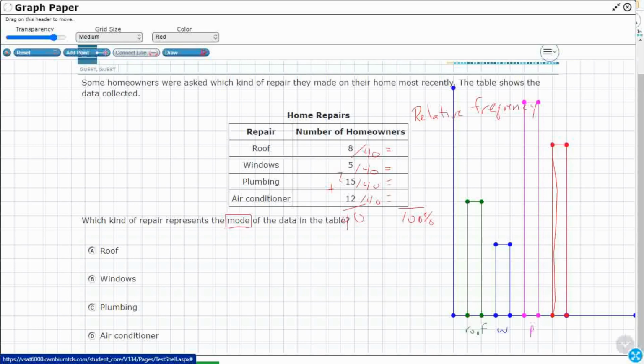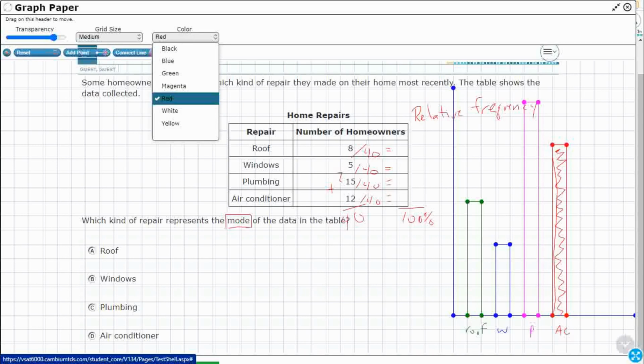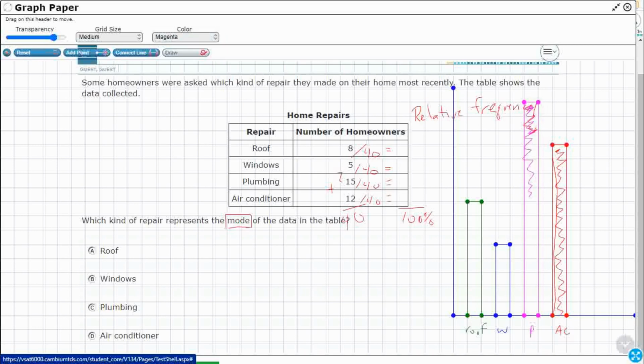And so what are we asking for when we are asking for the mode? Well, what we are asking for is which of these is the most chosen. Or which of these, if we're looking at it as a bar graph, let's change that to the correct color, has the highest bar?